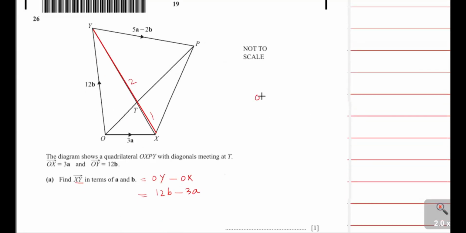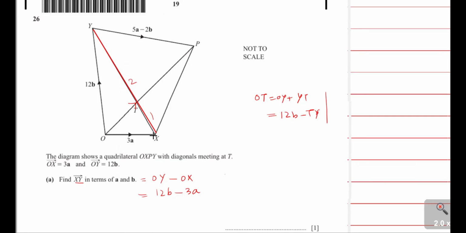Look here, the vector OT is equal to OY plus YT. And here the OY is 12b, and YT we can write as minus TY.